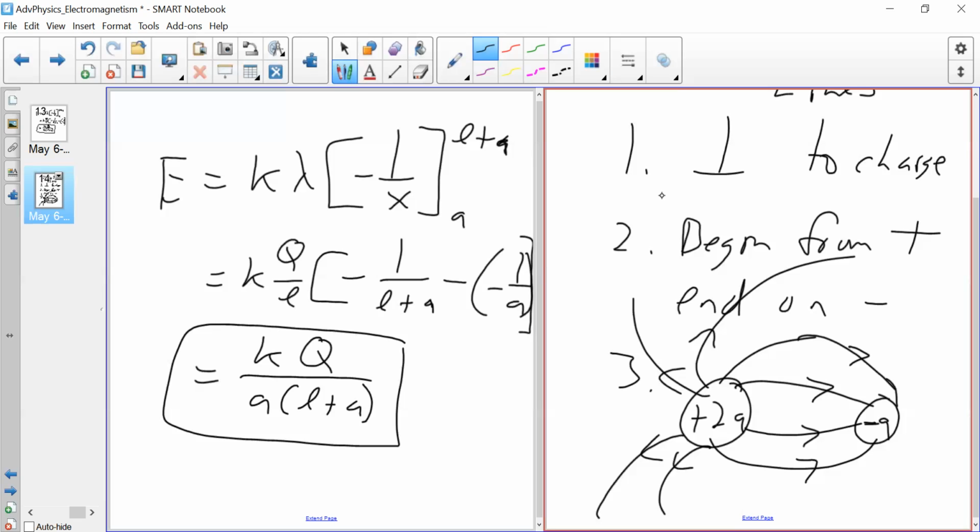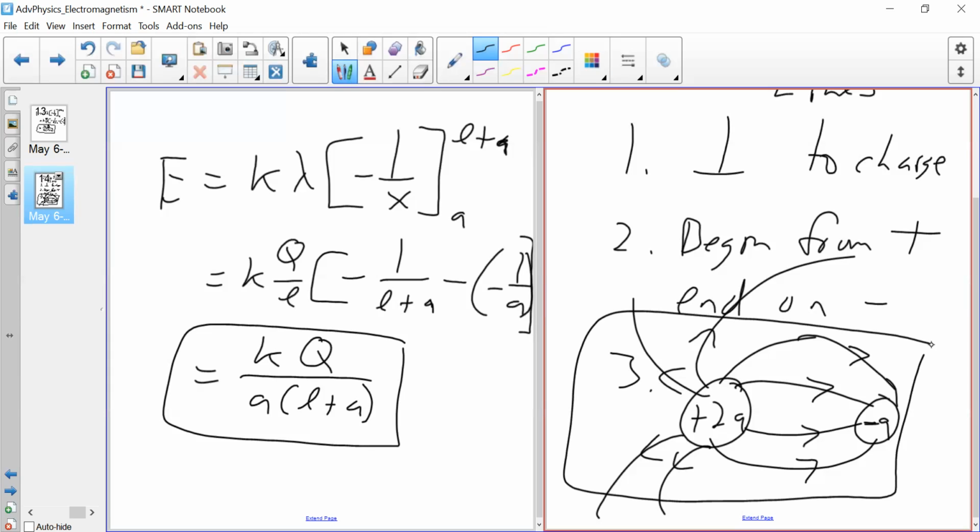But I'm not asking you that. I'm asking, do you understand what I just said there? If I have 8 field lines coming off of 2Q and 4 end on the one with the negative Q, does that make sense? Do you understand this picture? Yes. Okay, that's why I wanted to make sure before we go on.